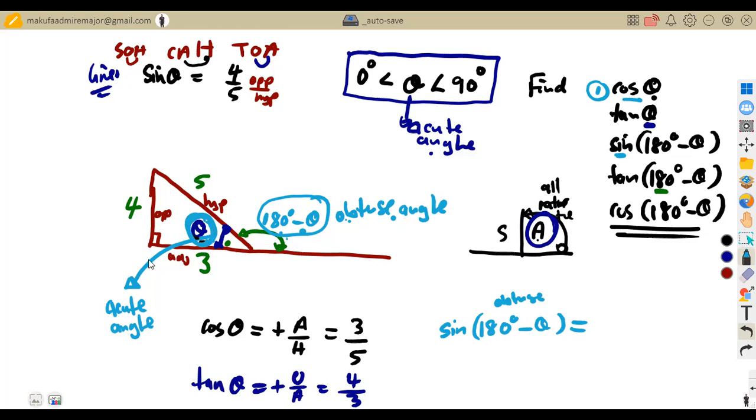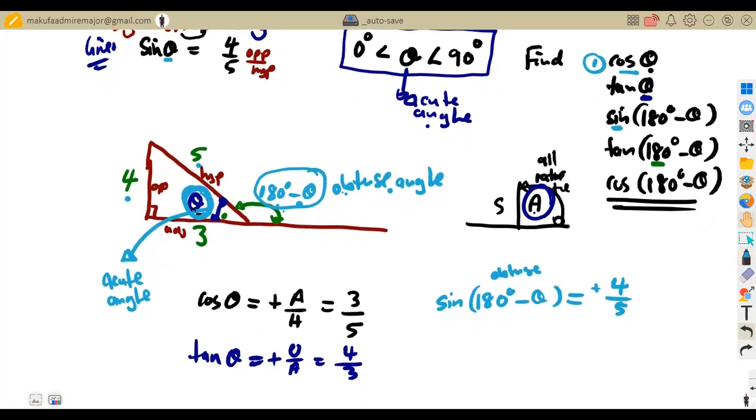We said sine is positive, for acute, for obtuse, sine is positive. So this one is going to remain as a positive of the sine inside, which is opposite over hypotenuse, which is going to remain as the 4/5 that we had, carrying a positive.